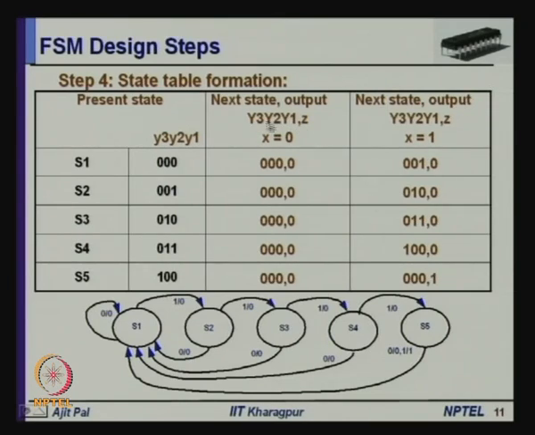These are the 4 Boolean functions you have to realize, and here the inputs are lowercase y3, y2, y1. On the other hand, you are realizing uppercase Y3, Y2, Y1 and z. These are functions of small y3, small y2, small y1 and x.